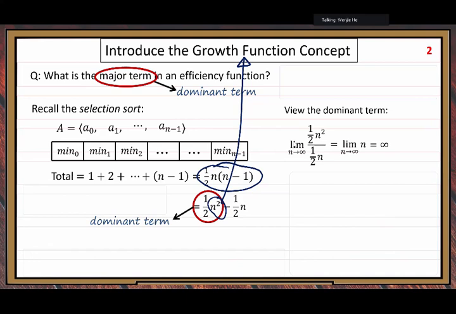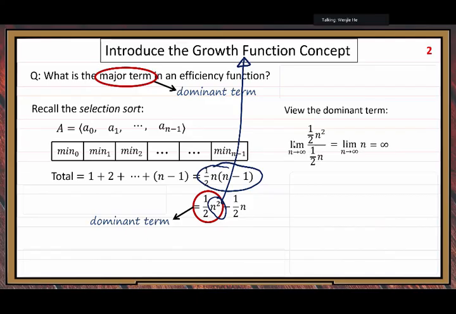Yeah, because the portion is so tiny. When n goes to infinity, some of you may argue that in the real world situation, n never goes to infinity, right? But actually, we only worry about the behavior when n is very large.